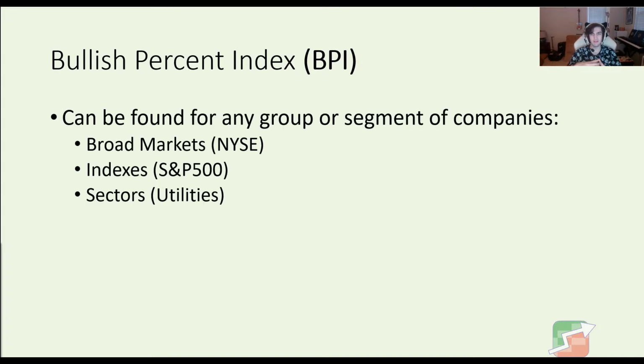We can find them for markets, broad exchanges like the New York Stock Exchange, for example. We can find it for indexes like the S&P 500 or the NASDAQ 100. And we can also find it for our sectors like the utility sector, industrial sector, and so on.